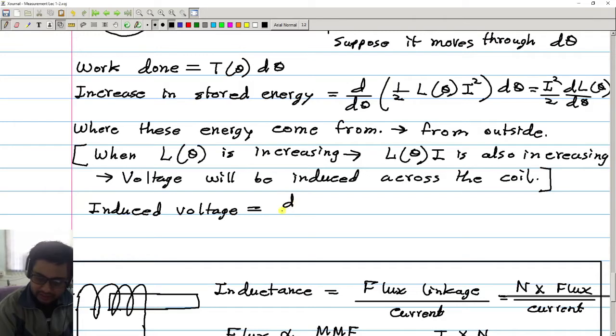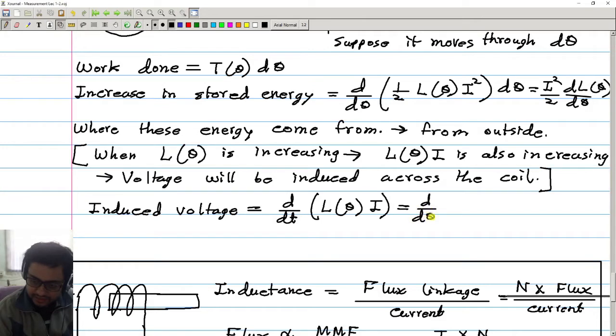That means d/dt of L I, where I is constant, which you can write also as dL/d theta times I times d theta/dt. Okay, this is the induced voltage.